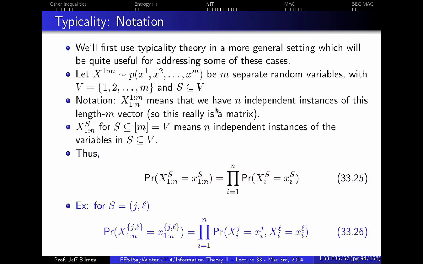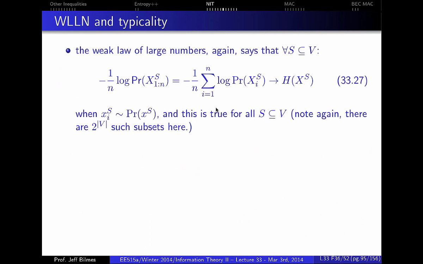So that's the generalization. Here's an example. When S is just two indices, j and l, then the probability of this block of length n of pairs of random variables is just basically this product here. It's a silly example, but there it is nonetheless.